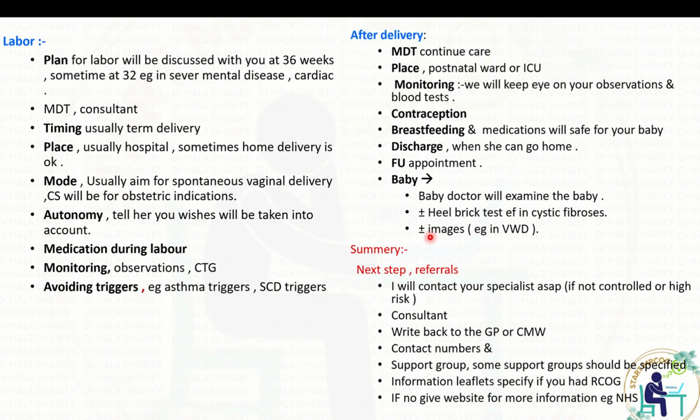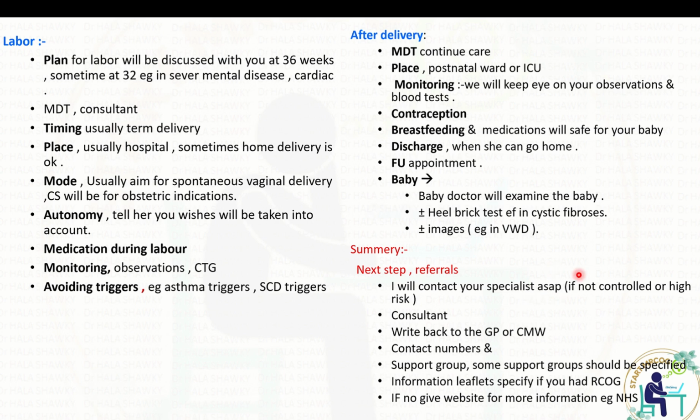At the end of your station, you have to summarize, and the summary is important, particularly if you have a lay examiner. It is part of their safety domain. Next step, if you have to refer her to a specialist, for example, if she hasn't visited her specialist for a long time, you have to refer her, and the referral should be as soon as possible if the patient is pregnant and has not been evaluated recently.